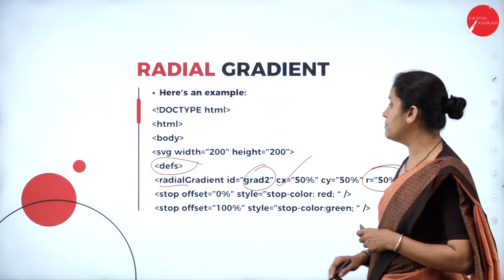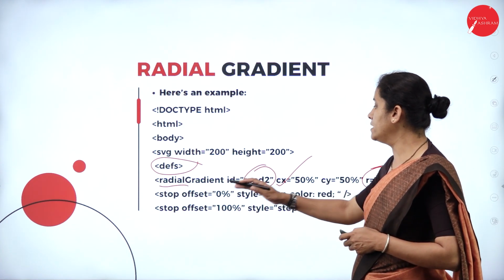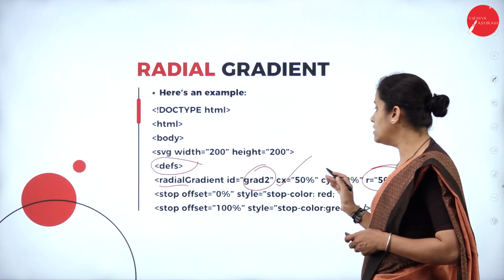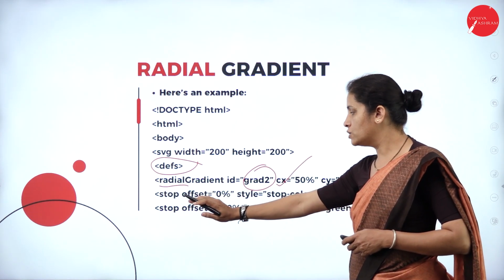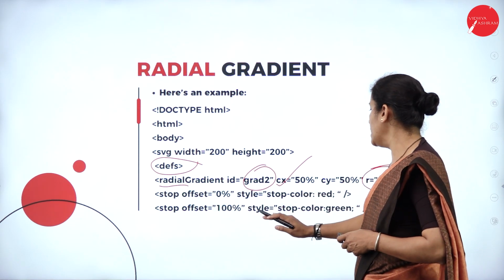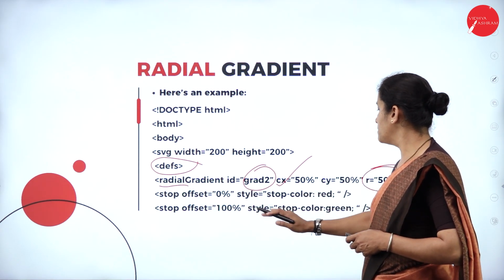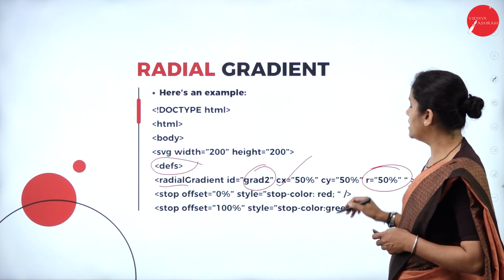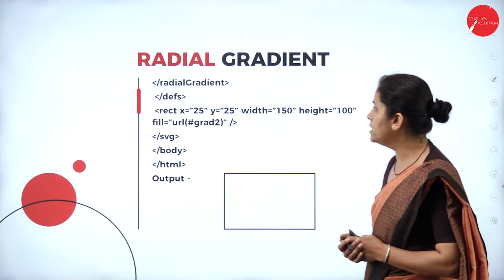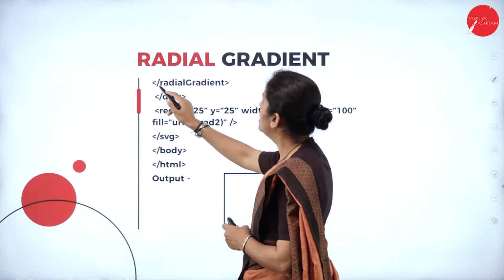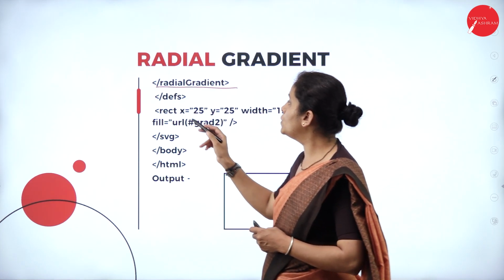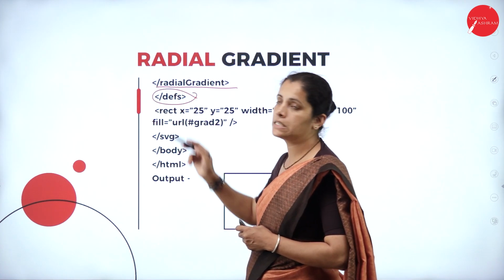At the same time, I'm going to specify the stop offset as well as stop color, and another stop offset and style, that is the stop color. One is red and another one is green. Next, I'm going to close the radial gradient and close the DEFS tag.